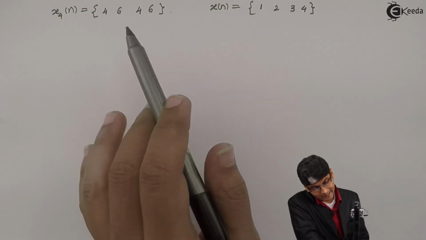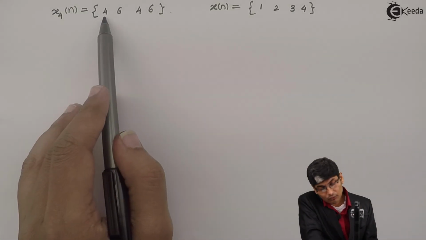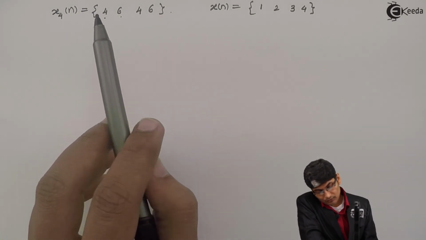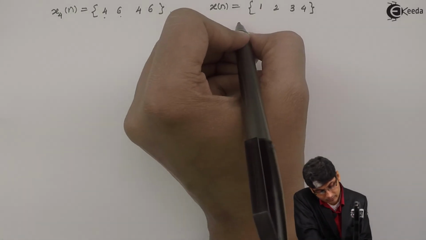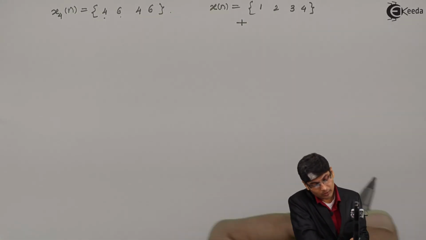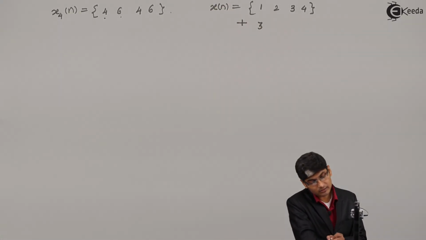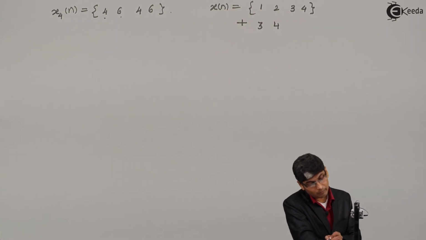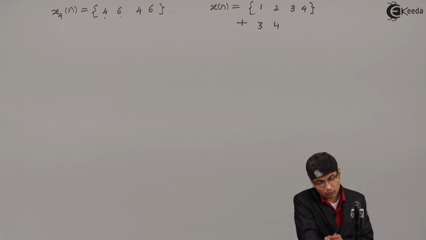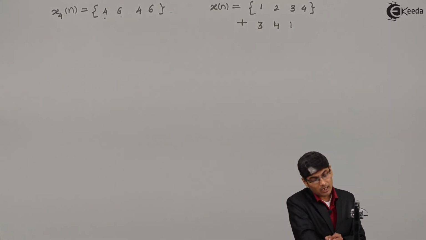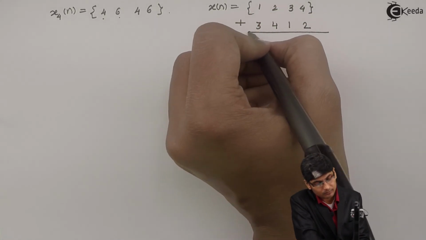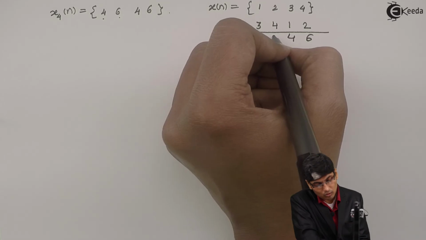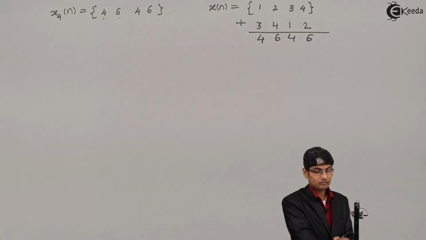Okay. So, how will I get x4 of n? You see that I want here 4, I want here to be 6. So, if suppose I have a sequence, I want 4 in the first place, that means I can get 3 in the first place, then I want 6, so I want 4 in the second place, then I want 4 again, so I want 1 over here, and I want 6, that means I can get 2 over here. If I add these two sequences, then I am going to get 6, 4, 6, 4, isn't it?